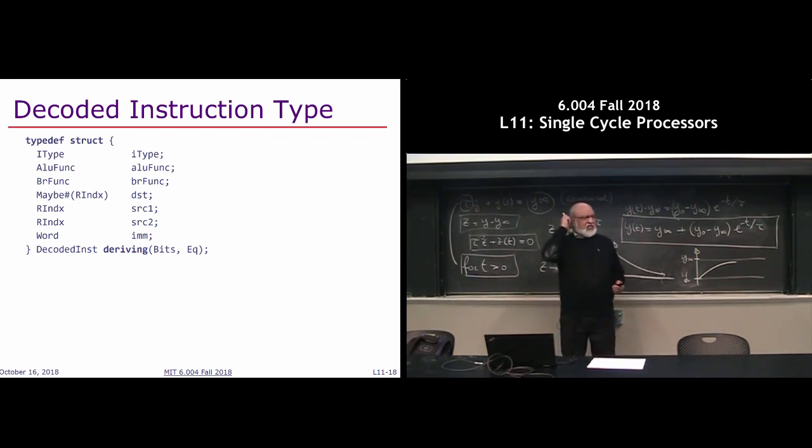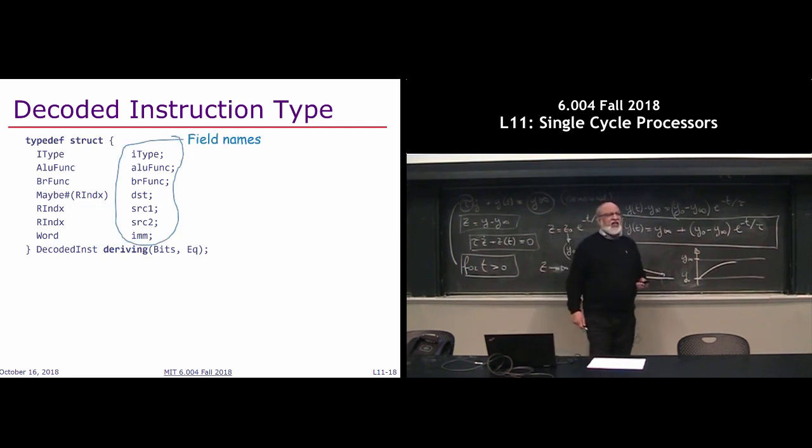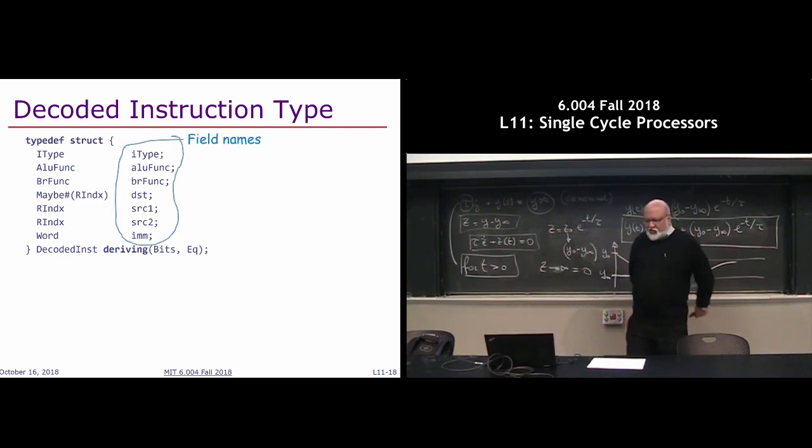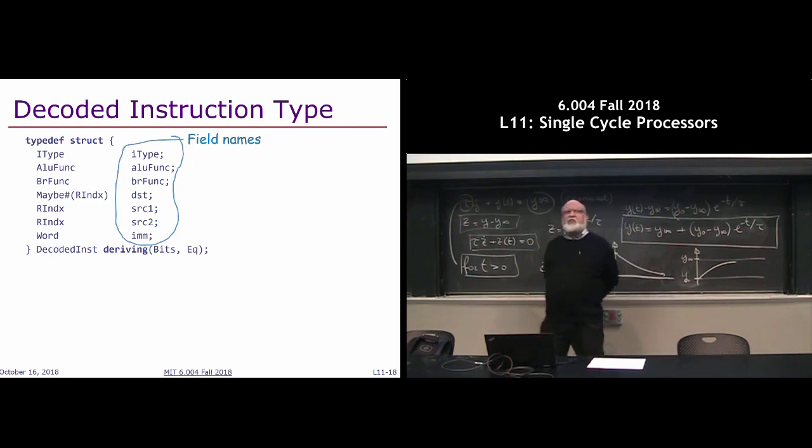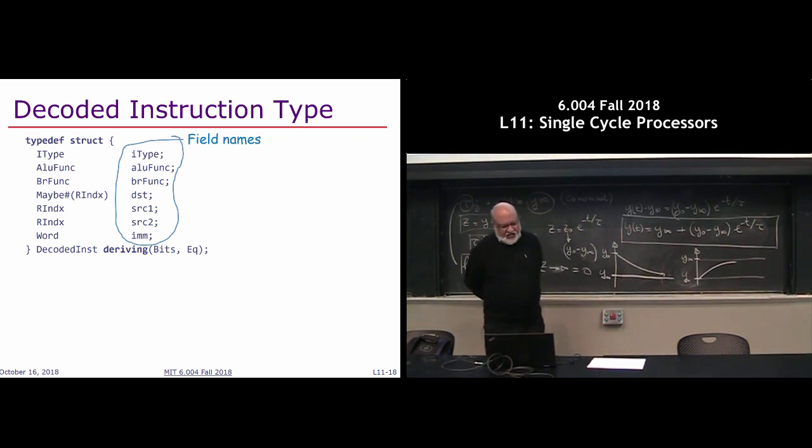You have a structure which has very many fields in it. So these are all the field names. One field name is iType, which is the grouping it belongs to, essentially. And then ALU function and branch function and destination and source, etc. These are the field names in a decoded instruction.